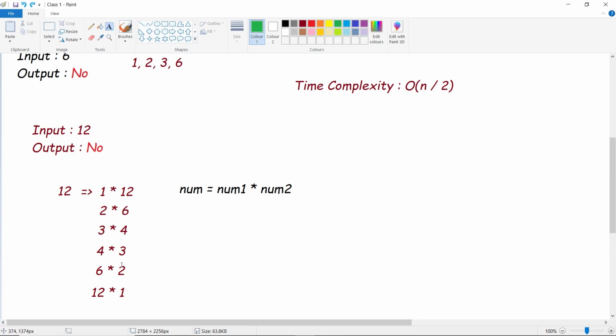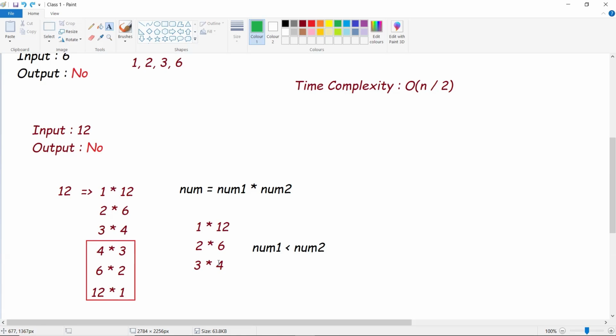Let's ignore the second half and take only the first half. In this first half, we already know that 1 as well as the number itself is a factor, so let's remove those and focus only on these two. Observe that all these values 1, 2, 3 are definitely less than the next values 12, 6, followed by 4.